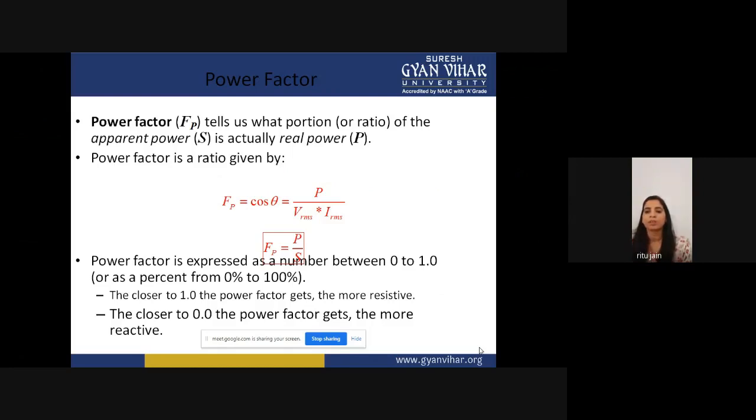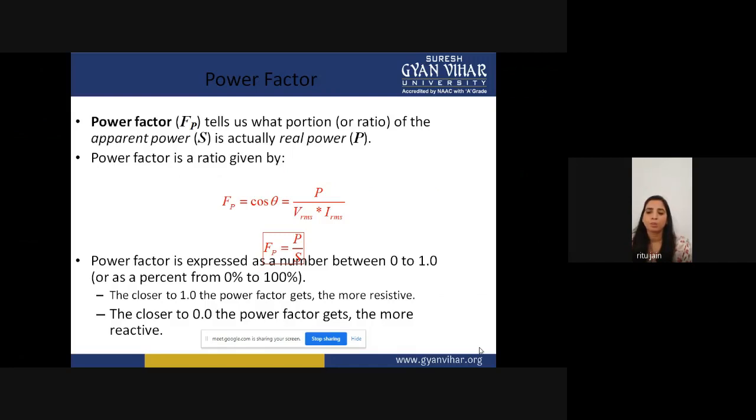Power factor is expressed as a number between 0 to 1. So the minimum value of power factor is 0 and the maximum value is 1. You can also say the power factor is expressed as a percent from 0% to 100%. The closer to 1.0 the power factor gets, the more resistive.